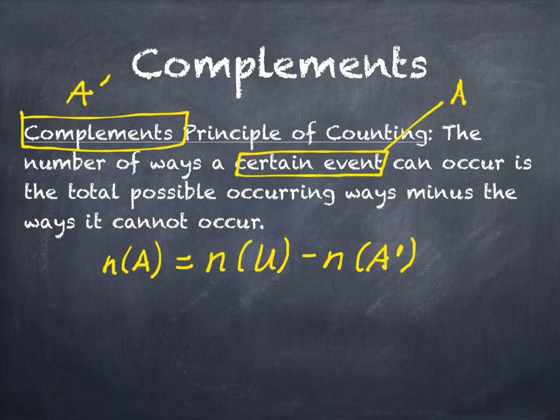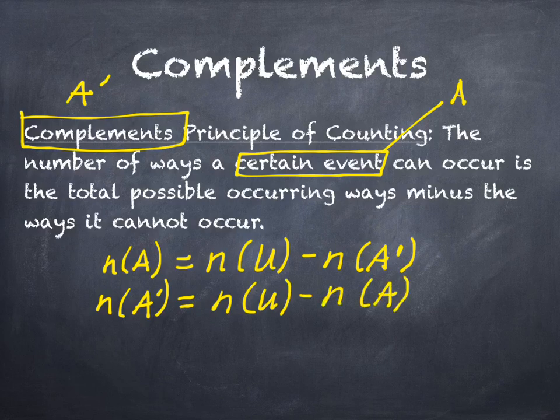And this formula can be rewritten in a variety of ways, okay? So I could have rewritten it to appear this way with the complement on the left and the original event on the right.